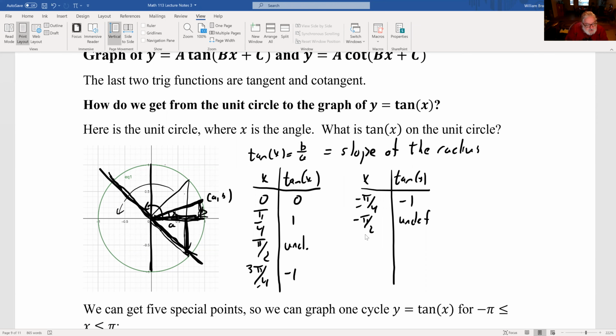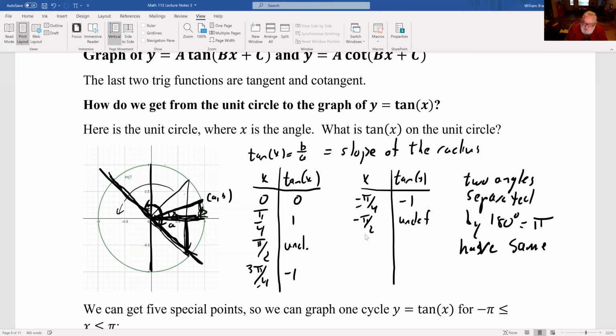So what we find here is two angles that are separated by 180 degrees like that. They'll have the same tangent. And 180 degrees is pi, same tangent.